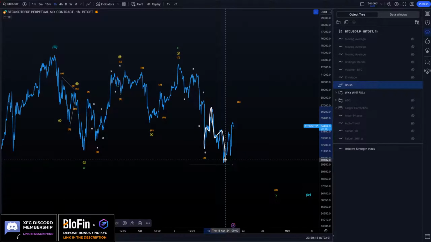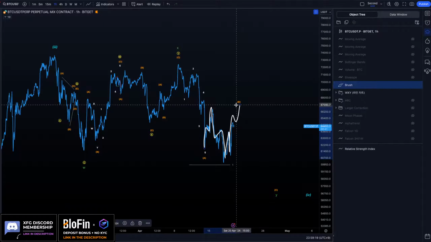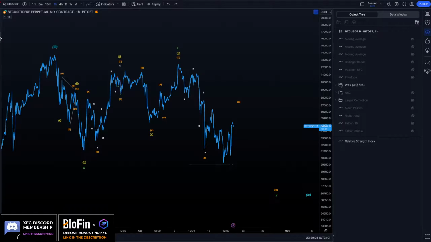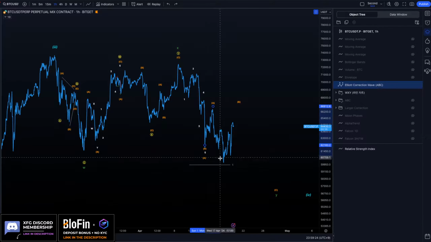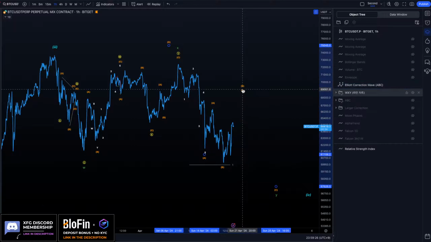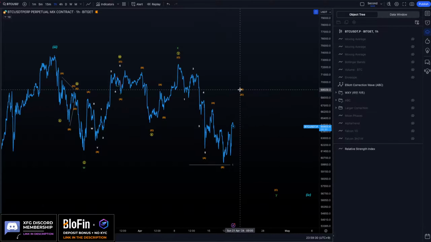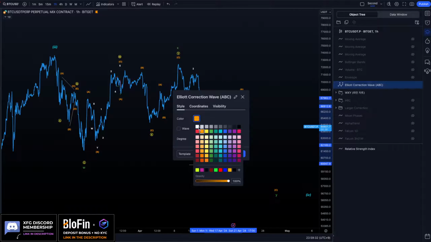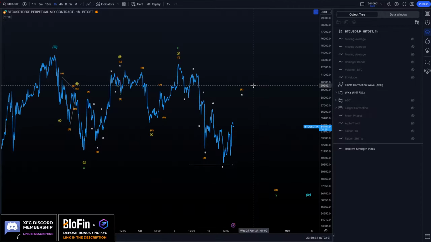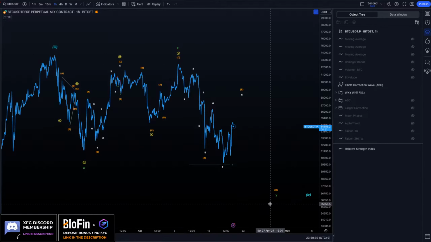Now what's next? Either as an impulse to the upside to complete wave B, or that would be essentially an A, B, C to the upside, most likely as an expanded structure, expanded variation. And in that case, we would be creating a larger B wave of this X wave here, or this Y wave here, following this X wave.